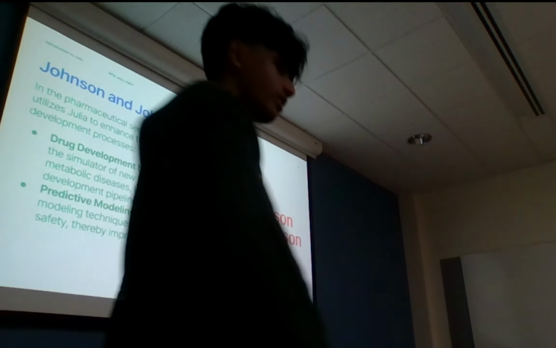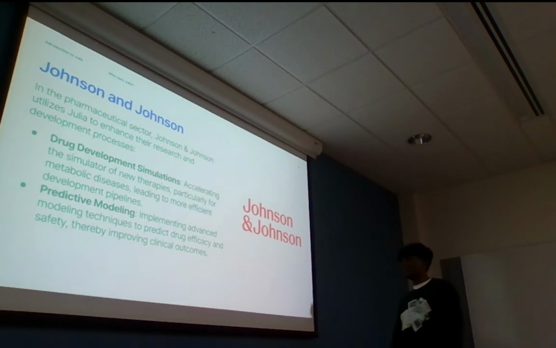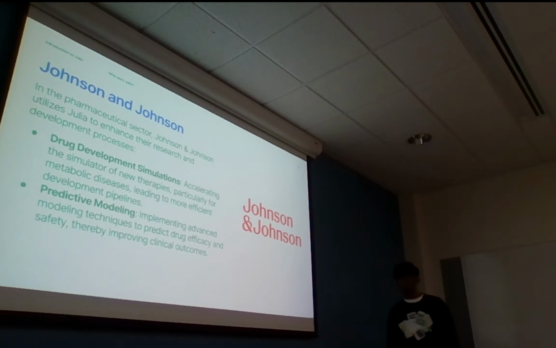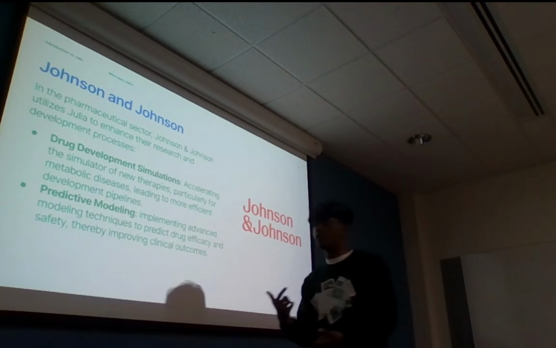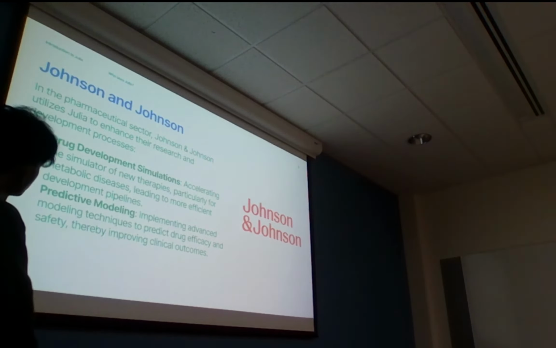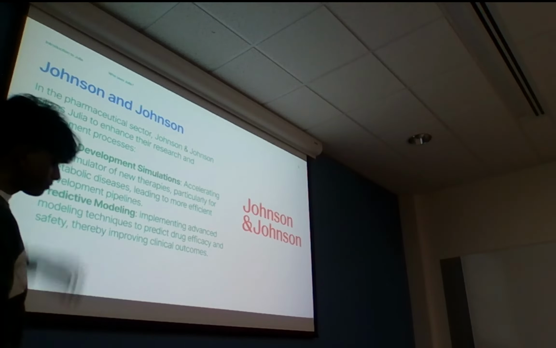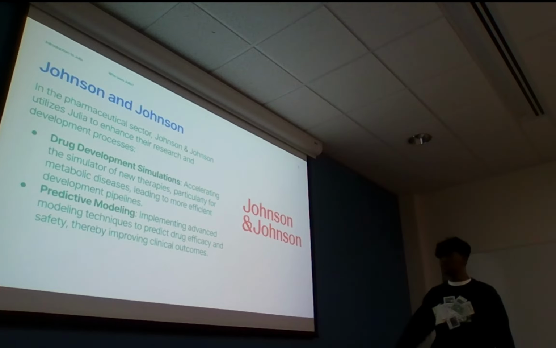So yeah, Johnson & Johnson, I was talking about this before. They also have a lot of simulations and things like that. For example, if there's a new drug, they can simulate how it would perform or how it would affect the human body. They use Julia for that. And they also do predictive modeling.